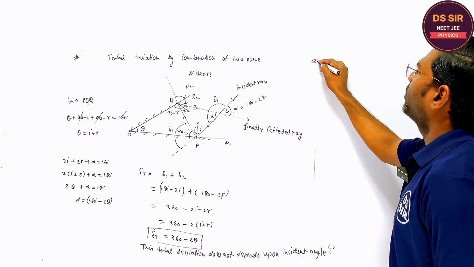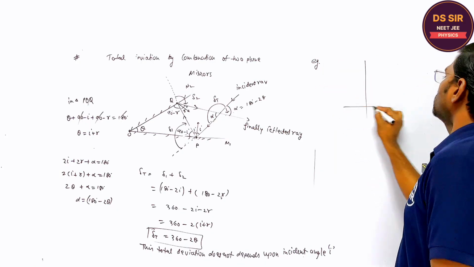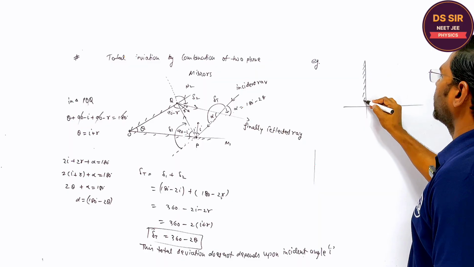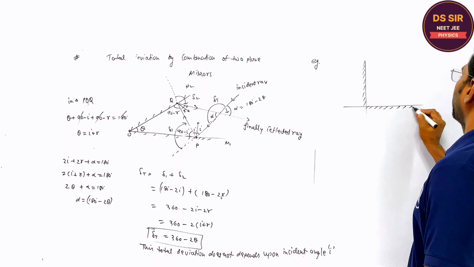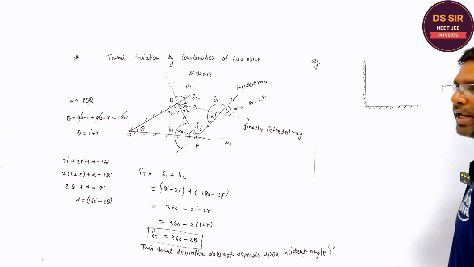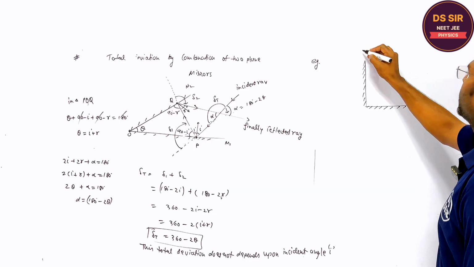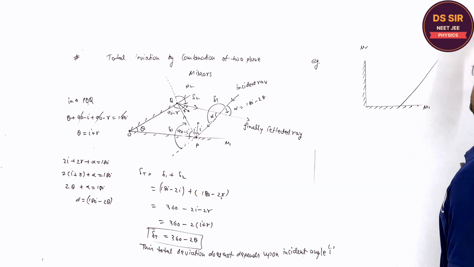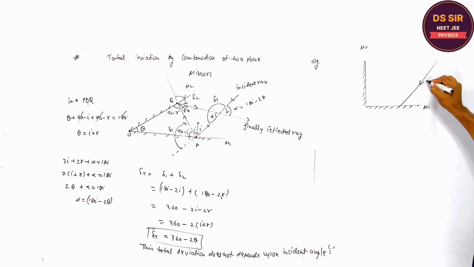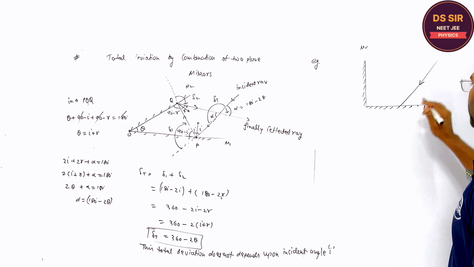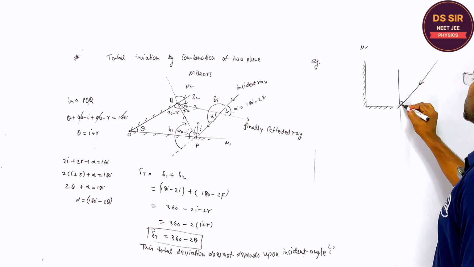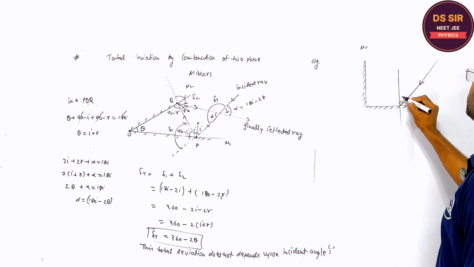So let's see one example. Suppose these are two plane mirrors perpendicular to each other. This is mirror M1, mirror M2, and this is the incident ray at any angle you can assume. Suppose this is 30 degree.